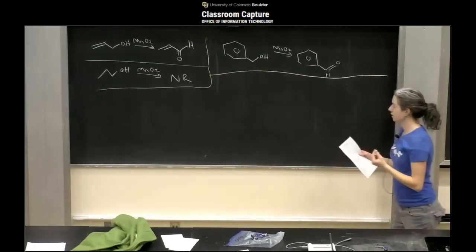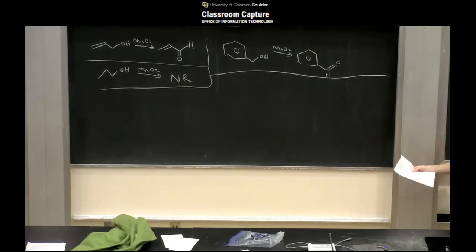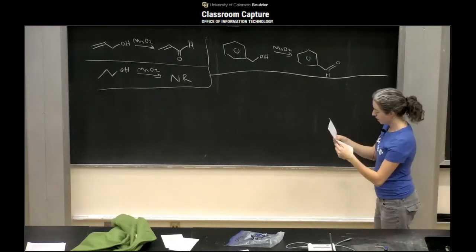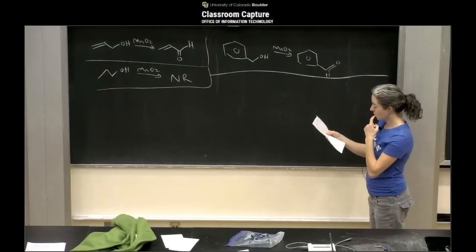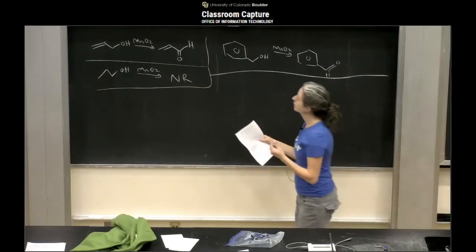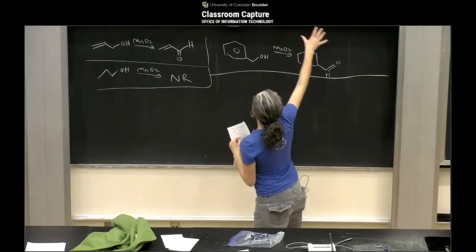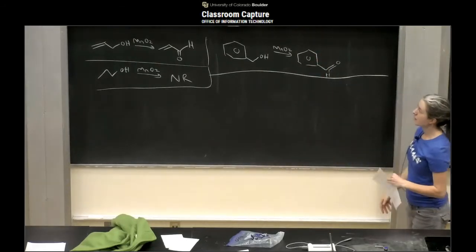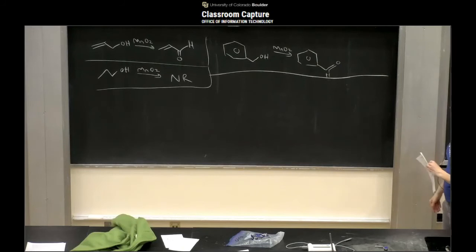The other one that we're going to look at is on the opposite end of the range of how reactive it is. For all of these oxidizers that we've seen so far, the common theme is that we're starting with at least one bond to oxygen.